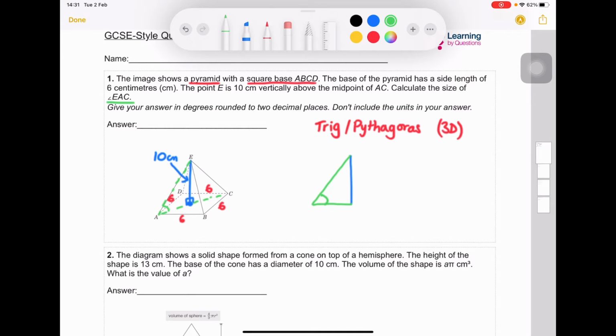So I'll label it as well: E, A, and this is the midpoint of A and C. So I'll just call it M for now. The height is 10. The base, we need to work that out. And the hypotenuse, we don't know it. So how would we work this out?